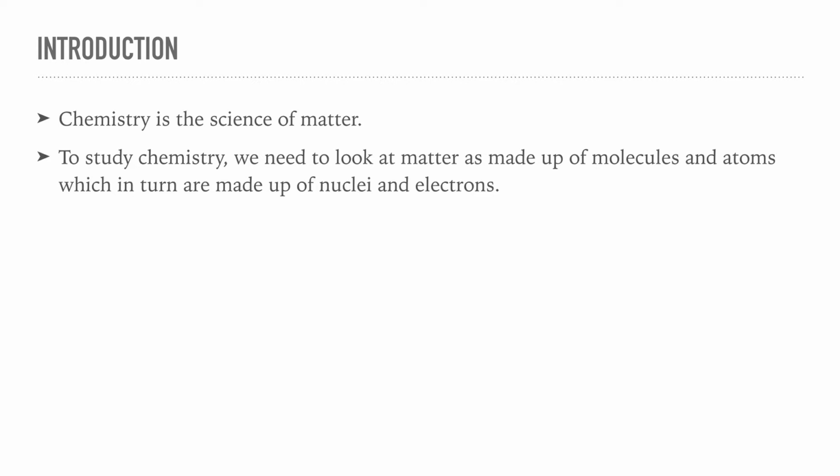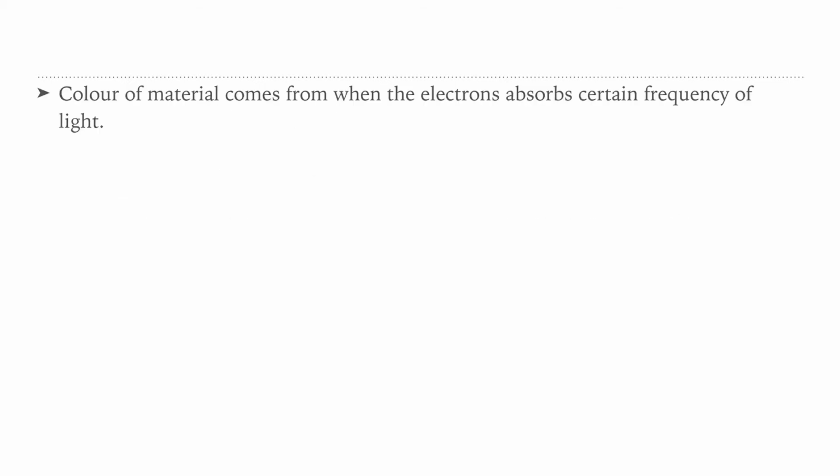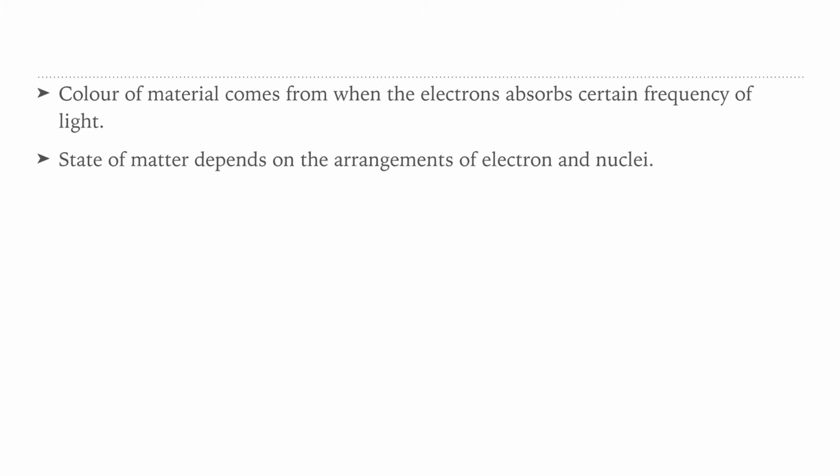For example, if a bond is breaking or forming, there we can see a rearrangement of electrons and nuclei. Another example is that the color of a material comes from electrons absorbing a certain frequency of light and exciting to a higher energy level.